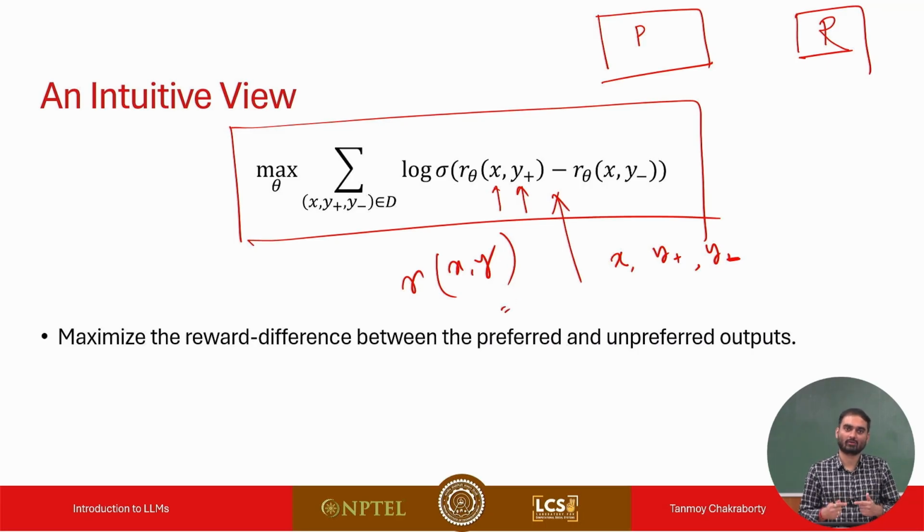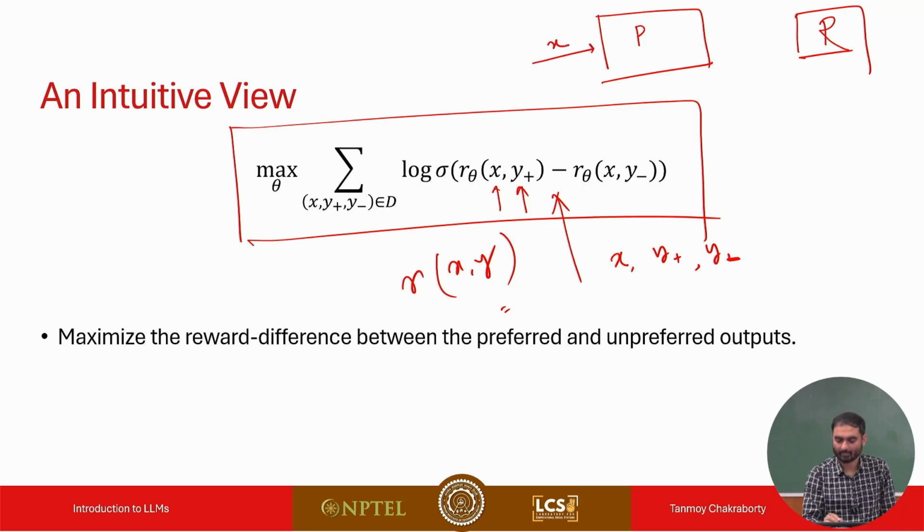But the way we train the model is not the way a traditional model gets trained, right? Here we train the model using a pair of outputs. One is preferred, one is unpreferred, and through this the model knows how to score an output given a prompt. Again, think of the high level picture.